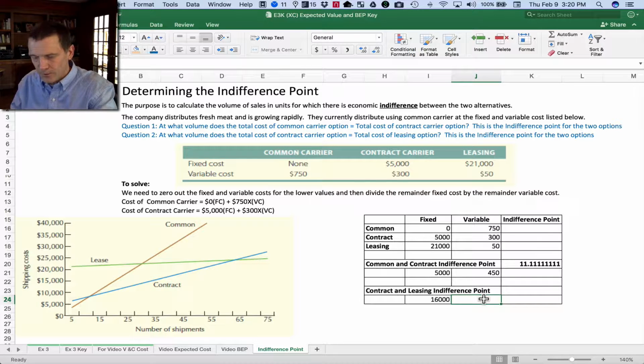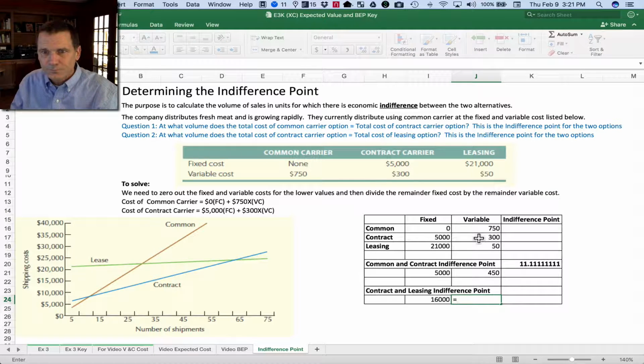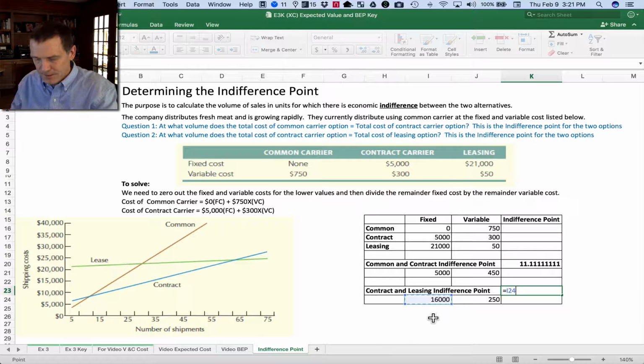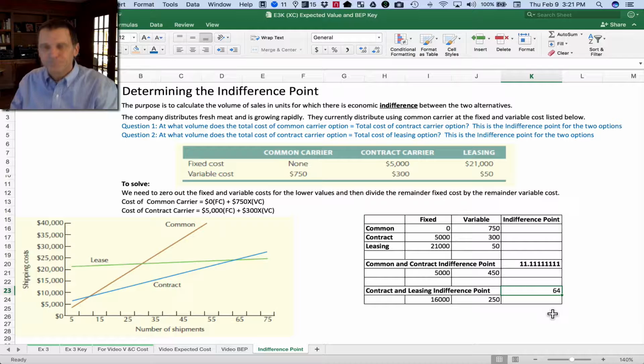And let's do the variable cost equals $300, the higher of the two, minus $50. And we have $250. Let's find the indifference point now. Equals this remaining $16,000, right, divided by this remaining variable cost, 64 shipments.